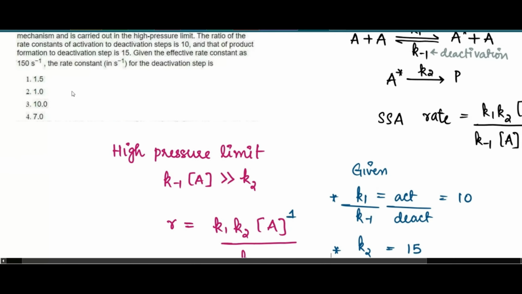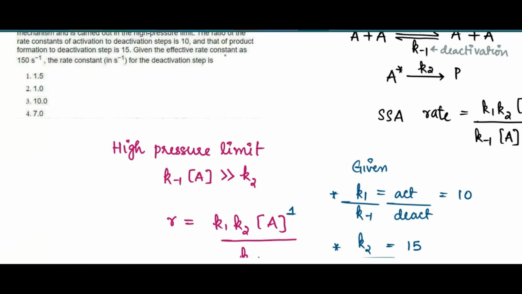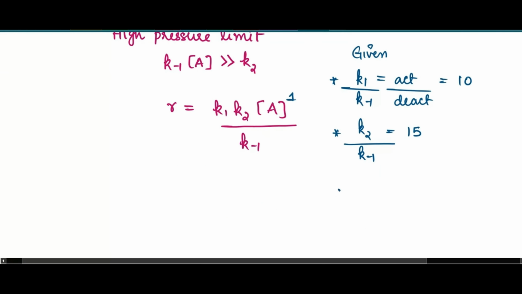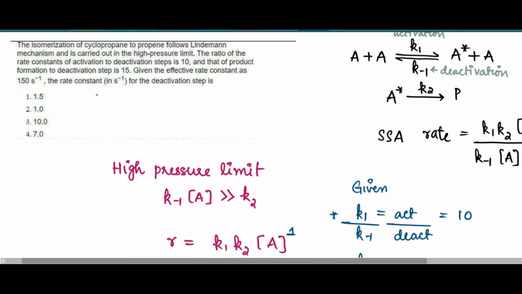And അവർ പറയുന്നത് എന്താ? Given the effective rate constant is 150 per second. So K effective അവർ പറഞ്ഞിട്ടുണ്ട്, it is 150 per second എന്നും പറഞ്ഞിട്ടുണ്ട്. What is the question? You have to find the rate constant of the deactivation step. Deactivation step എന്ന് വെച്ചാൽ K minus 1 ആണ്. അതാണ് നിങ്ങൾ കാണേണ്ടത്.